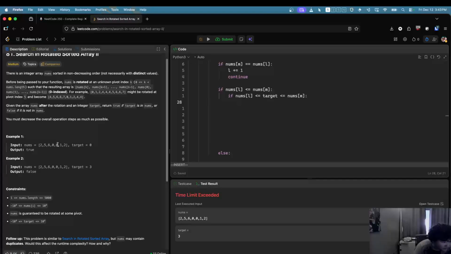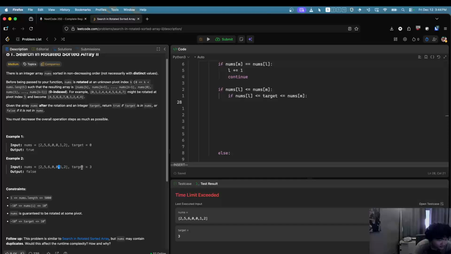Wait, actually, so target is 0, right? I would have returned true early. Let's say here is this now, so it actually would go to the right side. This is the case where it's ascending, so the left, middle, right.